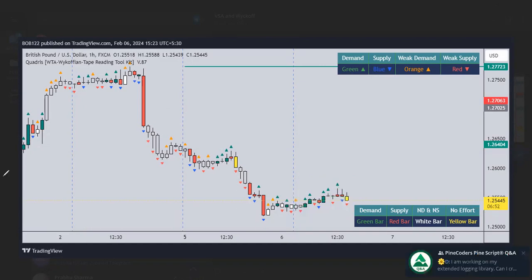So I made some adjustments to it, and I made some new things to facilitate the understanding of those who are facing issues with the chart.